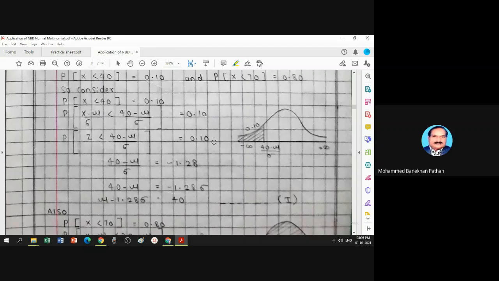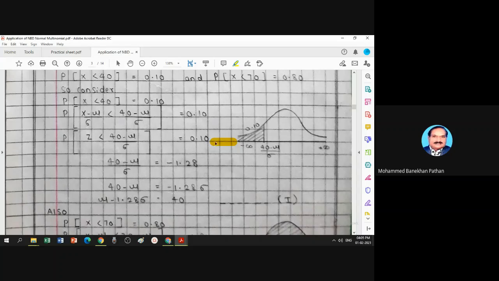Now locate this in a graph. This is the standard normal. X less than 40, probability is 0.10. Remember, when there is a less than, you start from your left hand.